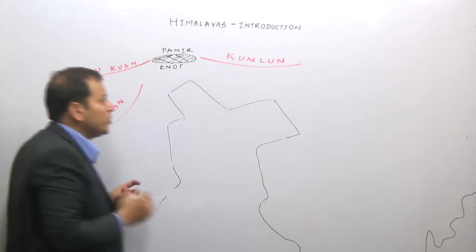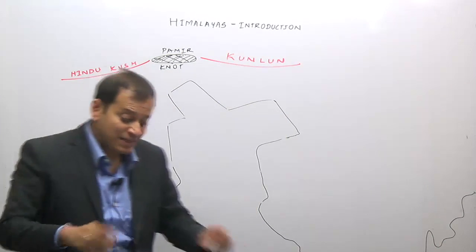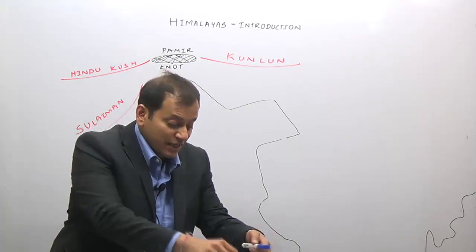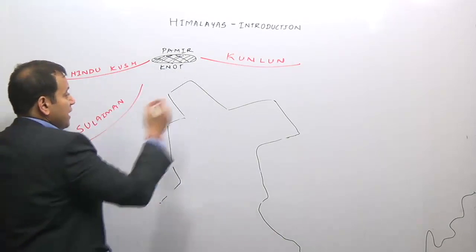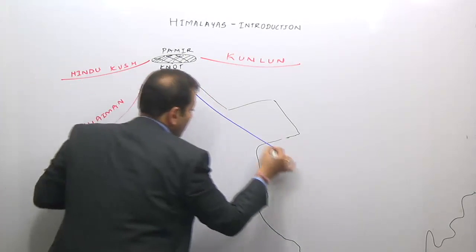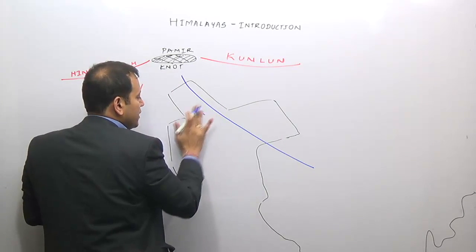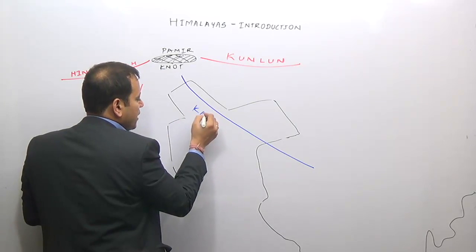It is known as Kunlun or the Kunlun Shan mountains, and then the Himalayas and the Trans-Himalayas originate in this region. We have the Karakoram ranges in this region, or the Trans-Himalayas such as the Karakoram range.